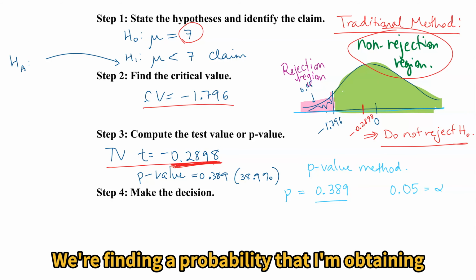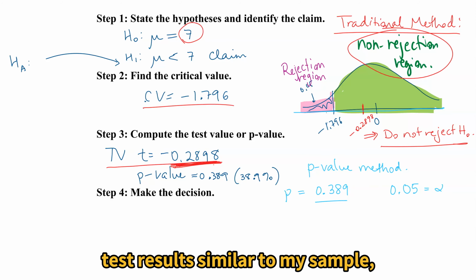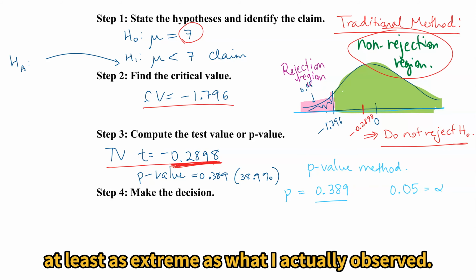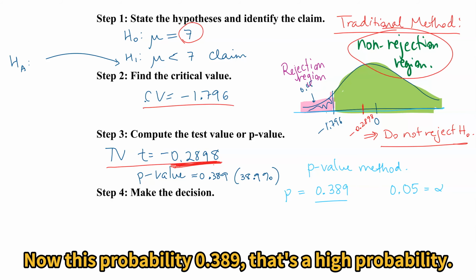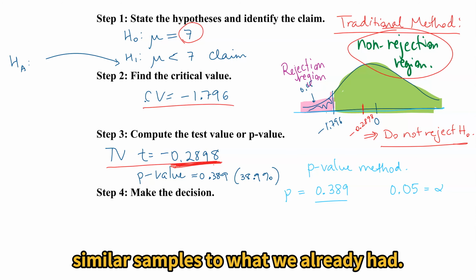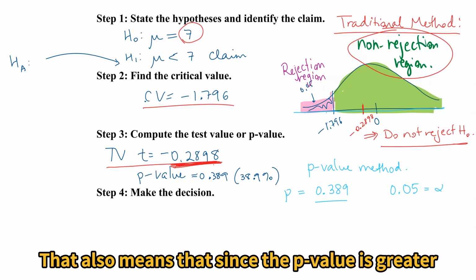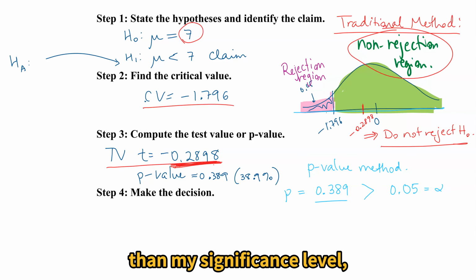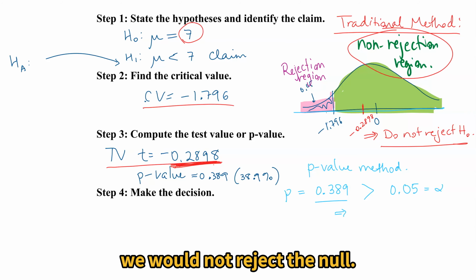We're finding the probability of obtaining test results similar to my sample, at least as extreme as what I actually observed. Now this probability, 0.389, is a high probability. That means it's very likely that we would get similar samples to what we already had. That also means that since the p-value is greater than my significance level, we would not reject the null.